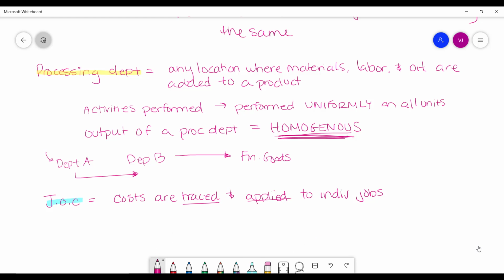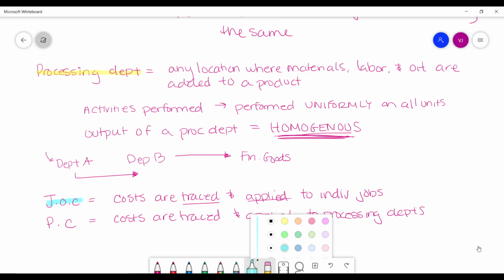But with process costing, costs are traced and applied to processing departments instead. So that's one of the summarized main distinctions between these two costing systems.